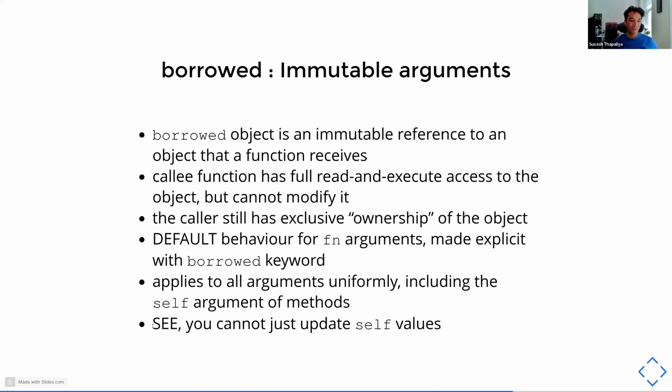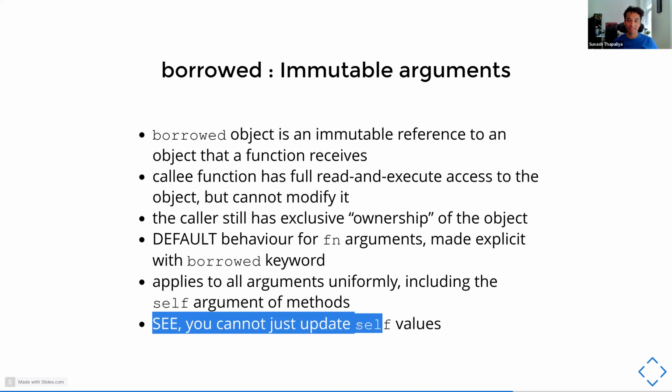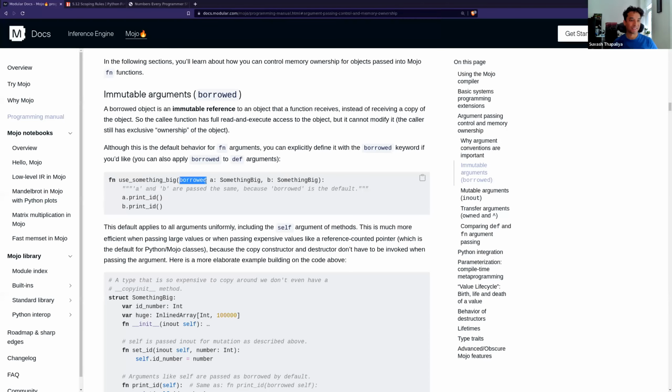So basically what I wanted to say is, you cannot just update self values, right? Imagine in this function you borrowed this, and let's say this was a function on a struct, then there would be self. But if you did not say a keyword, which you will say in a bit, and this is what it looks like, it says inout self here.